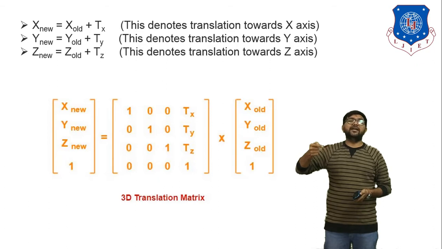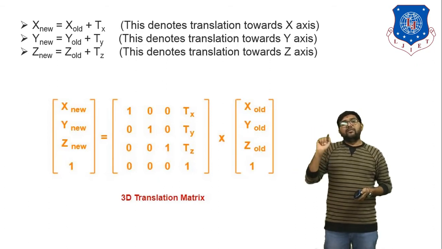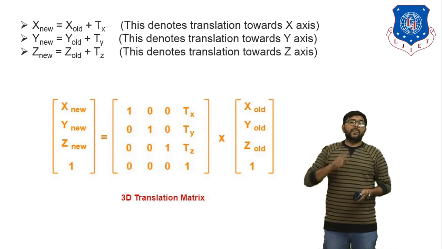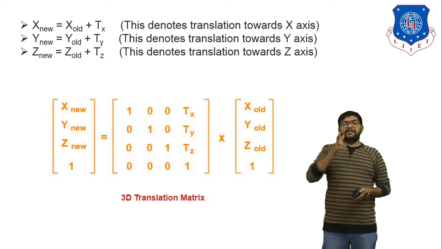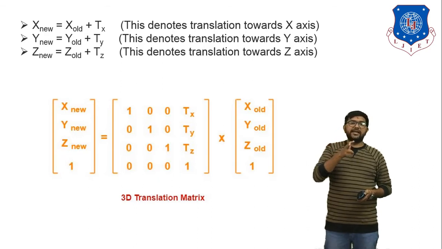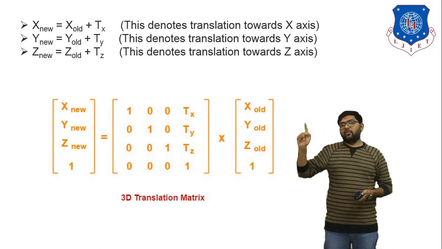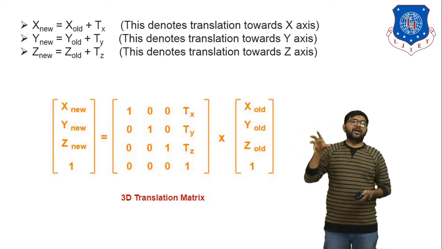That's why this matrix is converted into a 4 cross 4 matrix, because we have to consider tx, ty, and tz. Okay, so the equation is: x new, y new, z new, 1 is equal to 1 0 0 tx, 0 1 0 ty, 0 0 1 tz, 0 0 0 1. That is the translation matrix.